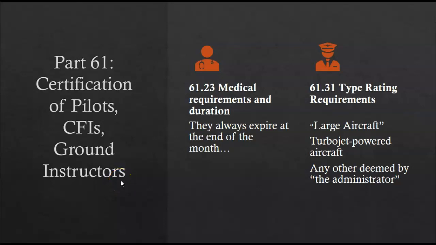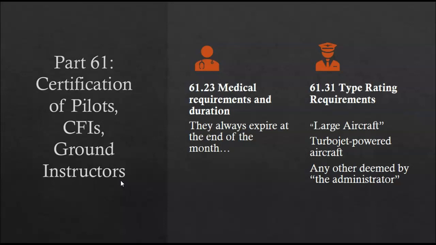Part 61 of the Federal Aviation Regulations lists all of the requirements to be certified as a pilot, certified flight instructor, and even ground instructors. All of the certificates and the requirements for those certificates are listed, starting with recreational pilots, private pilots, up through commercial pilots, airline transport pilots.